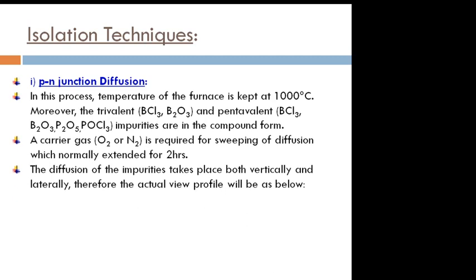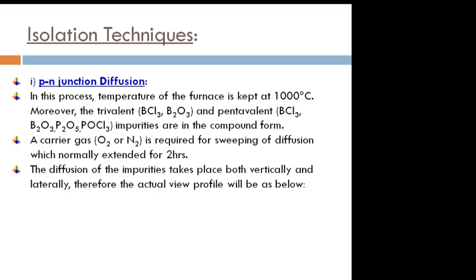Okay, now the isolation technique. The isolation technique is very important in the fabrication processes, because one island, let us say you are preparing one transistor, should be 100% isolated compared to the next island component.